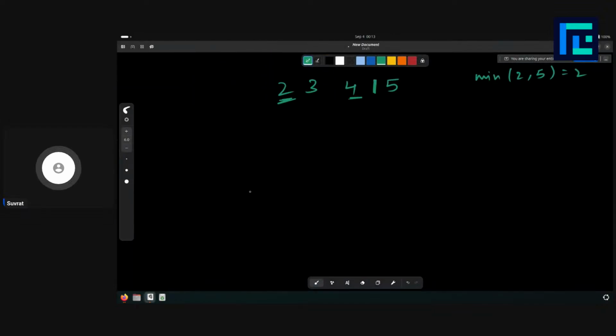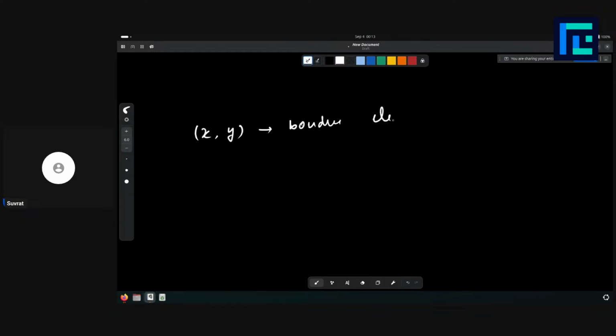So let's formalize this strategy a little bit. Since we know that only the border elements are required to make the decision, let's assume that x, y are the border elements, and it is the ith move, and Alice is moving.